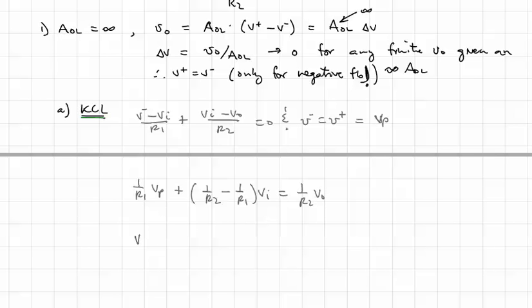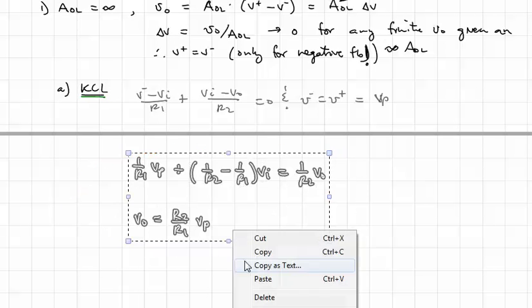So now we can write VO is equal to R2 over R1 VP.